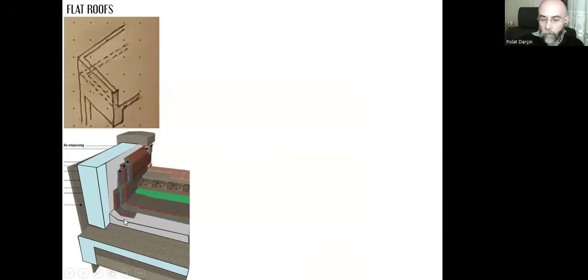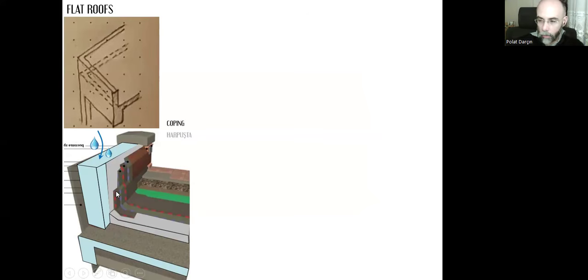Here you can see once you do the sloping surface, you can place your water insulation and then heat insulation and so on. But you don't want water to damage the parapet wall. The upper surface of the parapet wall will create a problem. That's why you need coping.